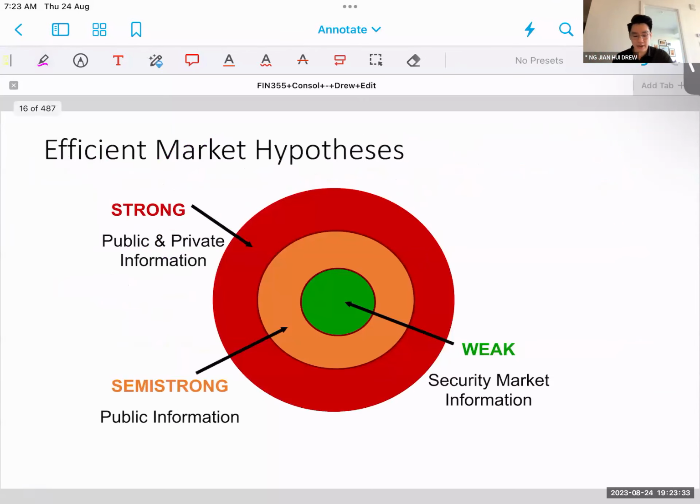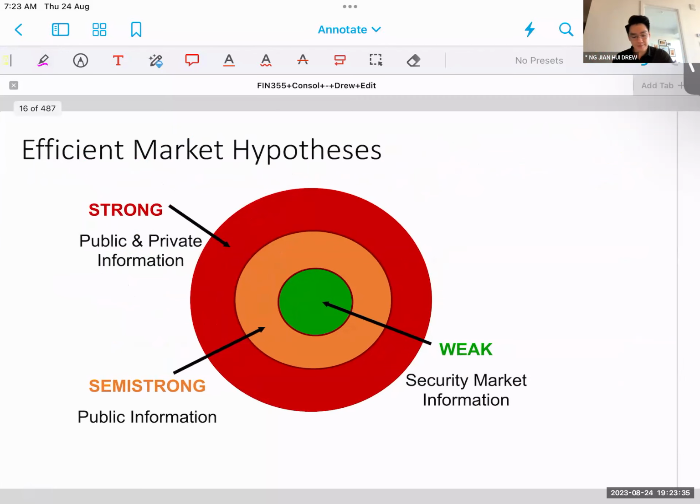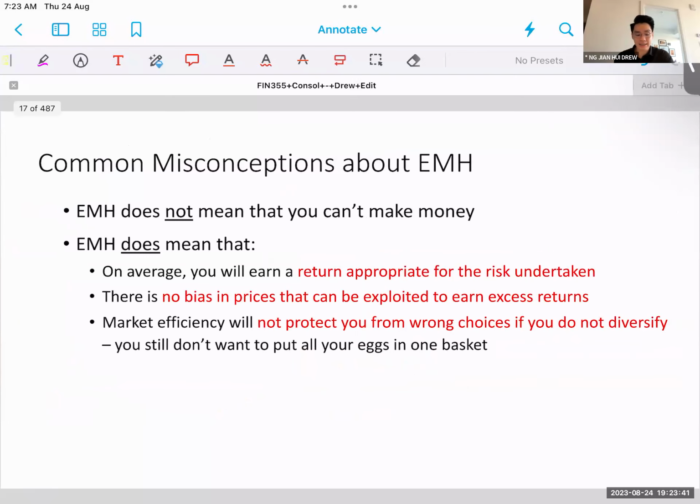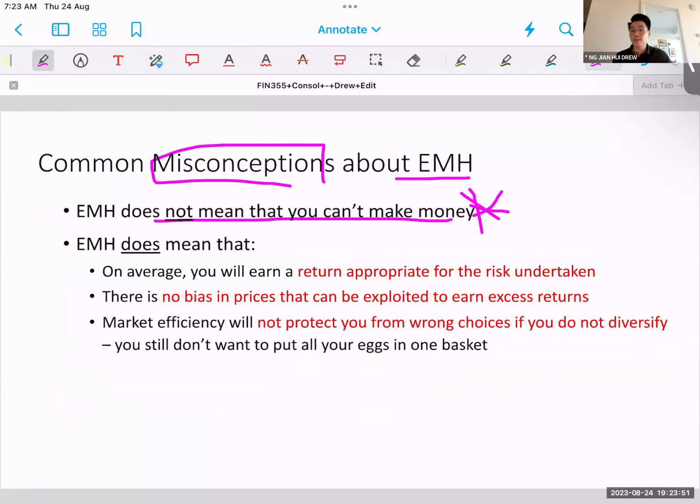So this is a pictorial representation of the various types of markets. I want to highlight this misconception: under the efficient market hypothesis, it does not mean that you cannot make money. If that were true, there would be no point valuing a company anymore.